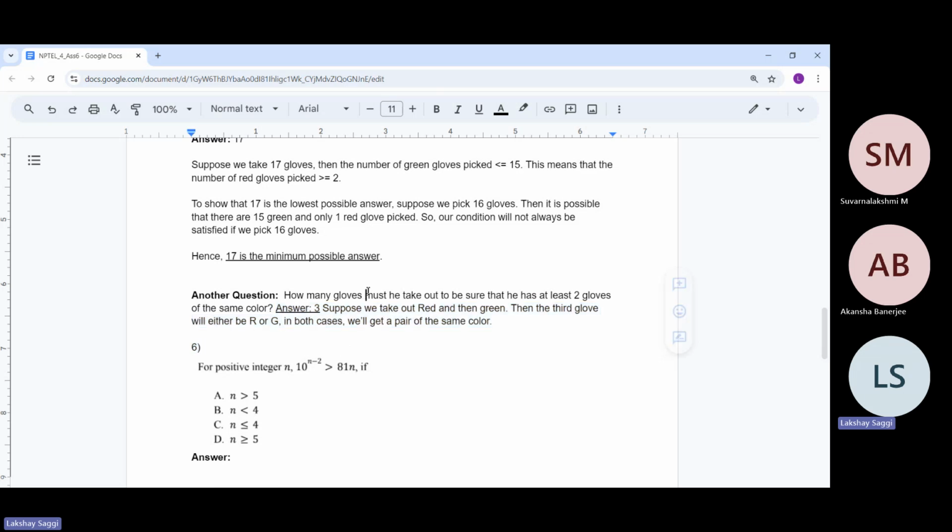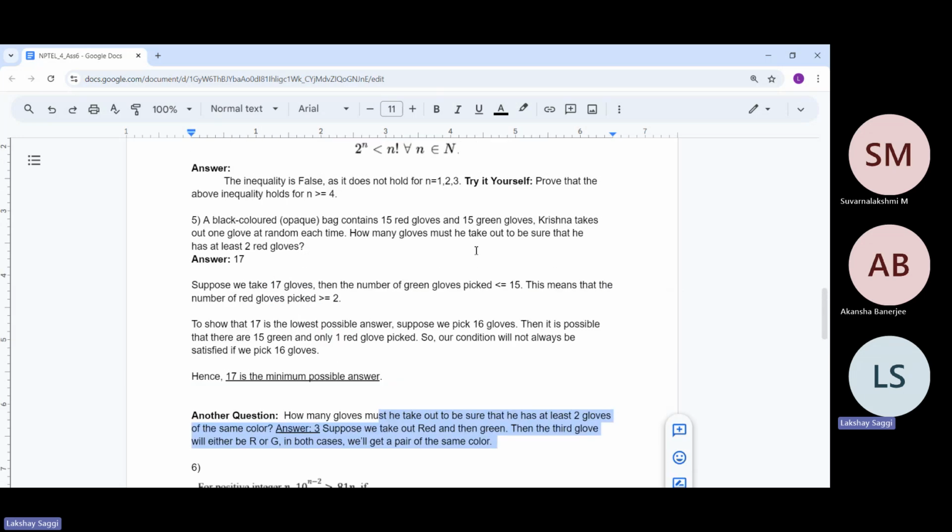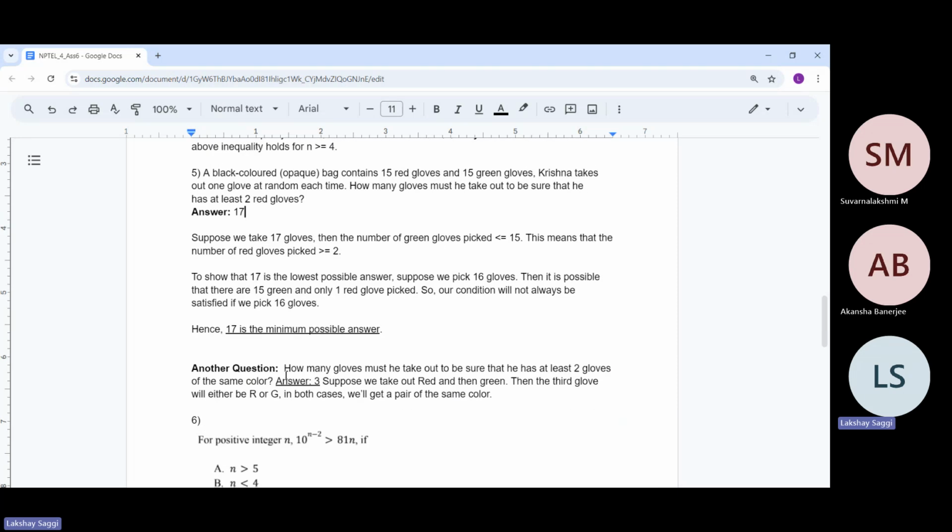But the main idea, I hope everyone gets that in the initial question, we had to pick two gloves of the red color, and then the answer was very big, which was 17. But suppose I change the question a little bit and say that the two gloves should be of the same color. So the two gloves can be red or green. Then the answer comes down dramatically to just three gloves.